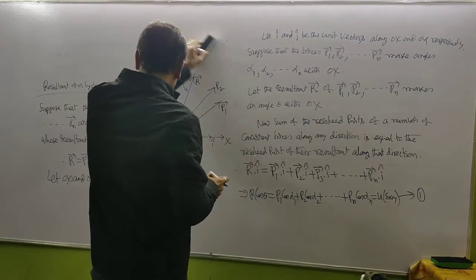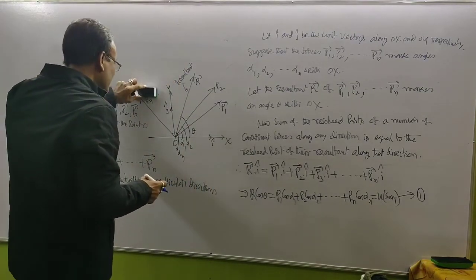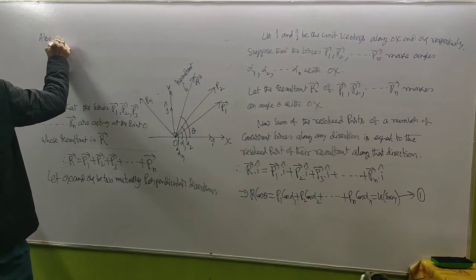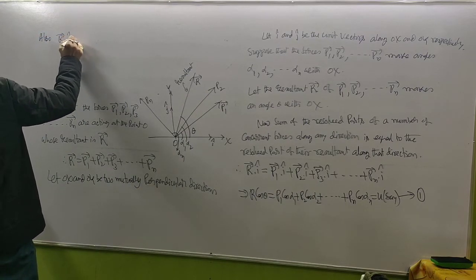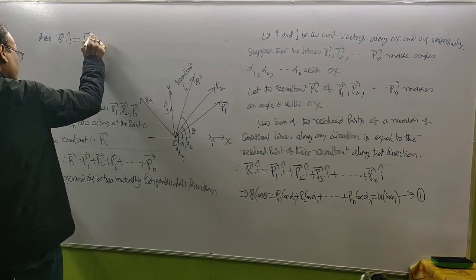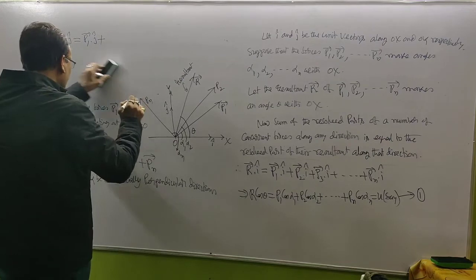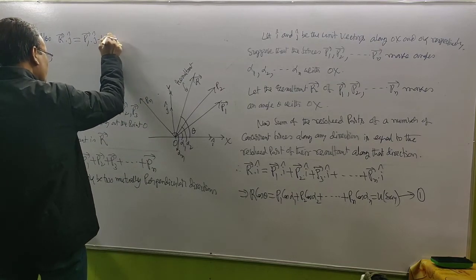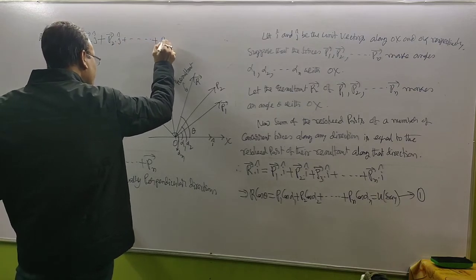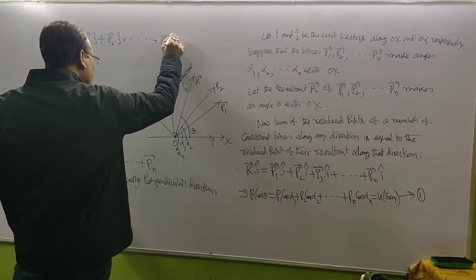Now also, R vector dot j cap equals P1 vector dot j cap plus P2 dot j cap plus up to Pn dot j cap.